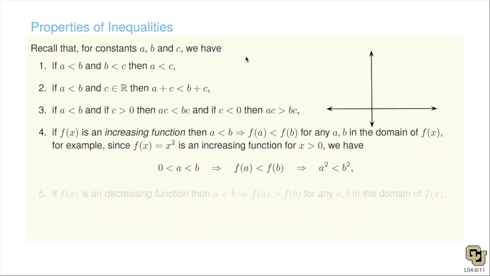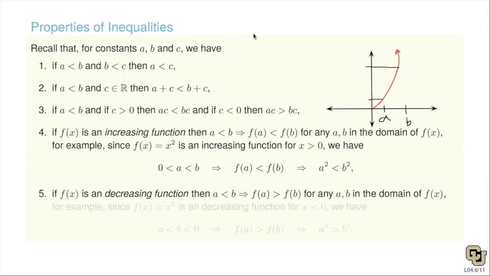If you look at x squared for x greater than 0, then we have an increasing function. So now if I have a and b, you can see f of a will be less than f of b. That's because here x squared is increasing.